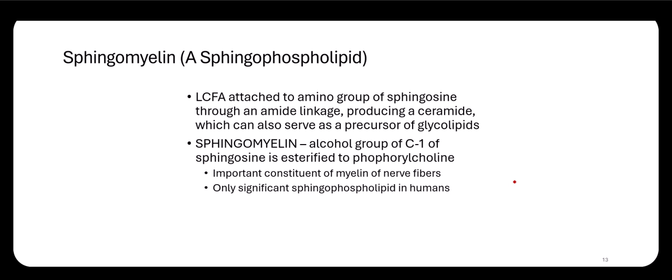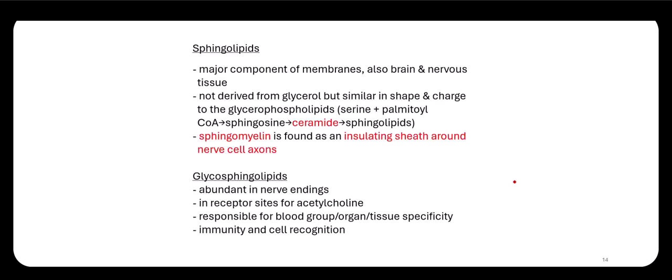Really big deal with the myelin coating on our nerve fibers. You'll talk about that. Also kind of interesting, it's the only significant sphingophospholipid in humans. So major component of membranes, brain tissue, nervous tissue. Don't forget, we're not using glycerol as our base, although we were using it kind of as our comparison.